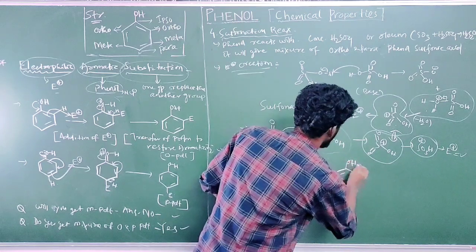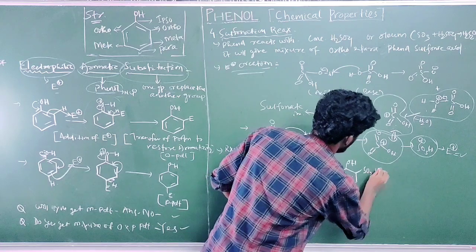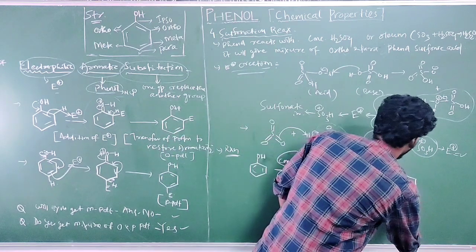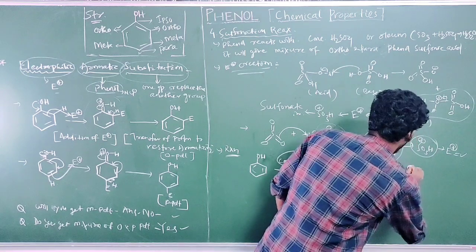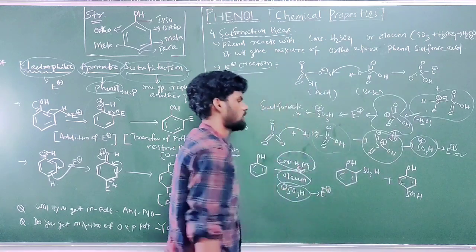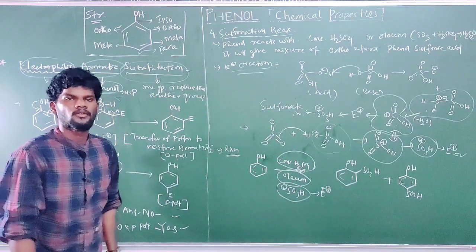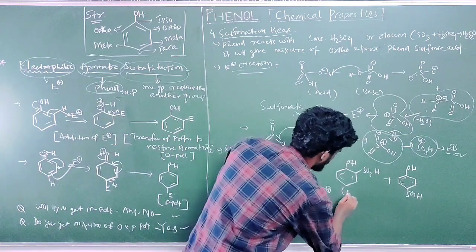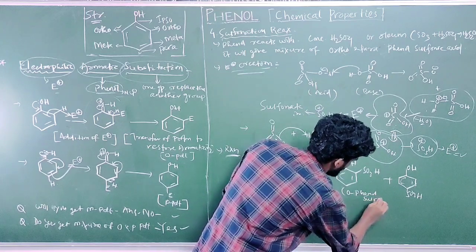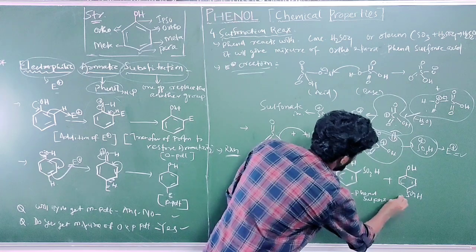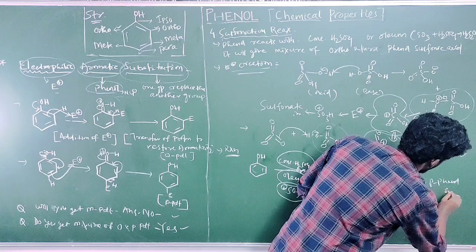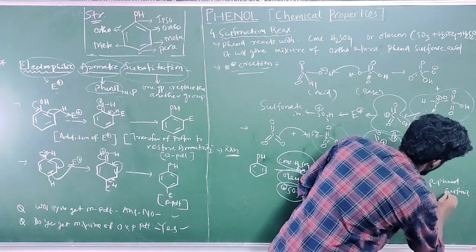It will give a mixture of ortho and para product. Okay, OH with SO3H at ortho, ortho phenol sulfonic acid, and para phenol sulfonic acid, OH with SO3H. This is ortho phenol sulfonic acid, that is para phenol sulfonic acid.